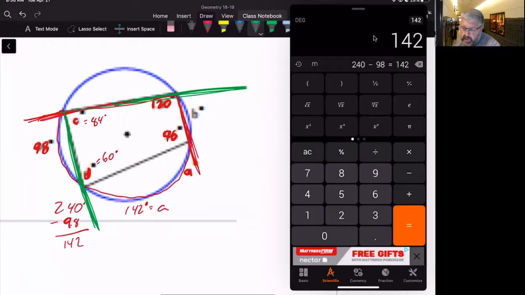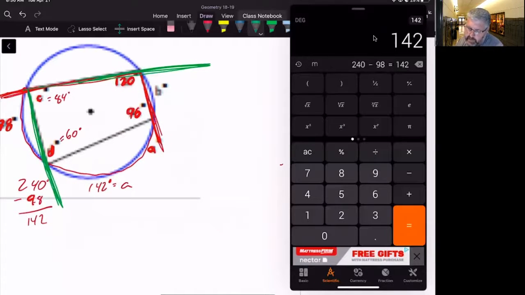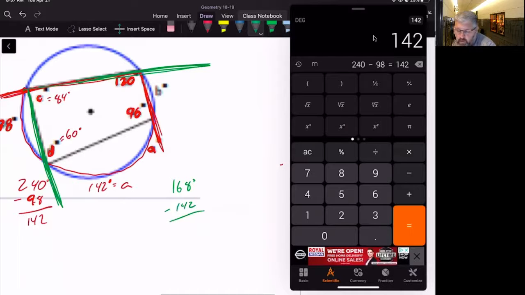So if C is 84, we would double 84 and get 168 degrees, right? 168 degrees is going to be A and B combined, okay? So then we would subtract 142 from 168, and that's going to give me what's left for B. So B would then be 26 degrees.